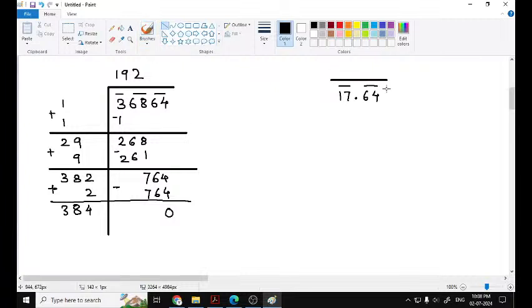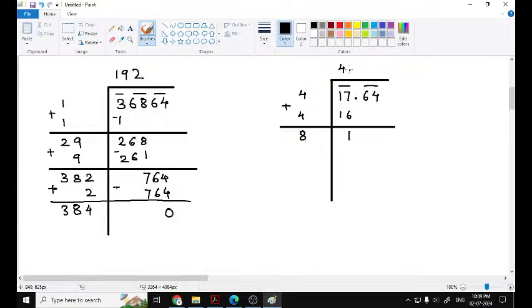Now the remaining things are same. 17 is not a perfect square, but 16 is a perfect square, which is smaller and closer to 17, and it is square of 4. So we write 4 at 3 places. Addition of these digits is 8 and their product is 16.